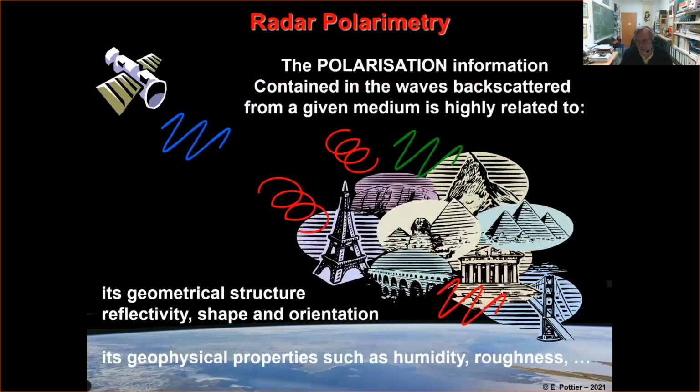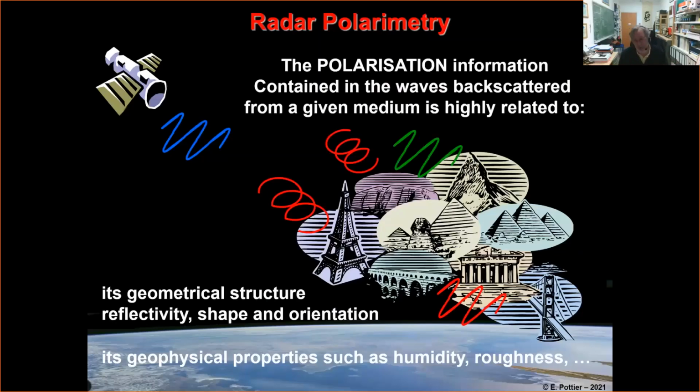And what is very important is that since a long time, we have seen that the interaction of an electromagnetic wave with an environment, so it can be an artificial environment, it can be a man-made environment, it can be a natural environment, due to this interaction, you have a change of the polarization of the wave. So the idea was the following: if I am able to measure this change of polarization, maybe I shall be able to reconstruct some information.